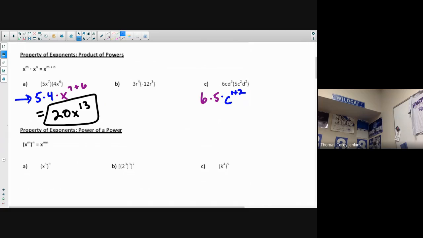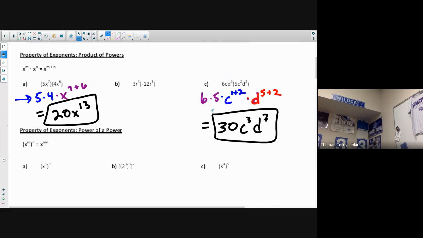And then lastly, we have that d term, so d, I'll pick a different color there. We have d to the 5 times d to the 2, so that's d to the 5 plus 2. So altogether, our final product is going to be 30 c cubed d to the 7.